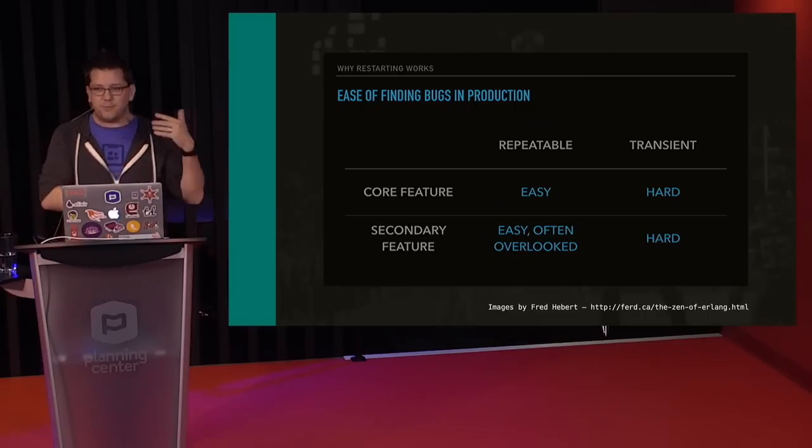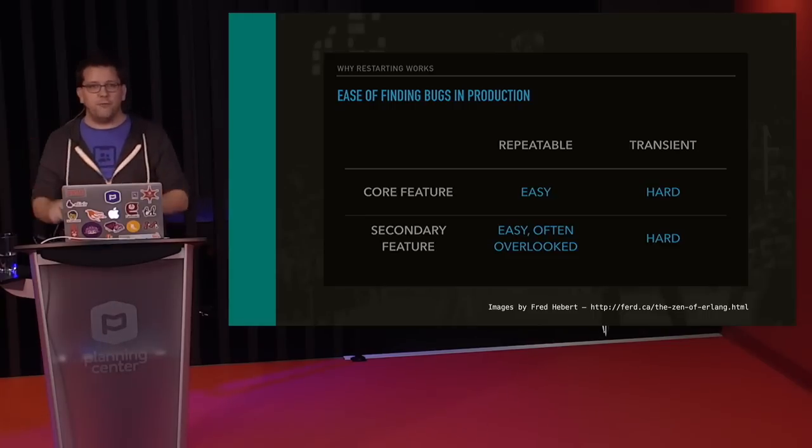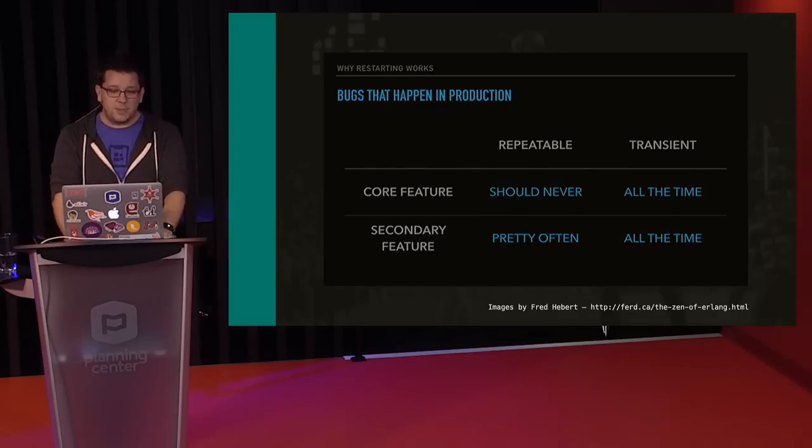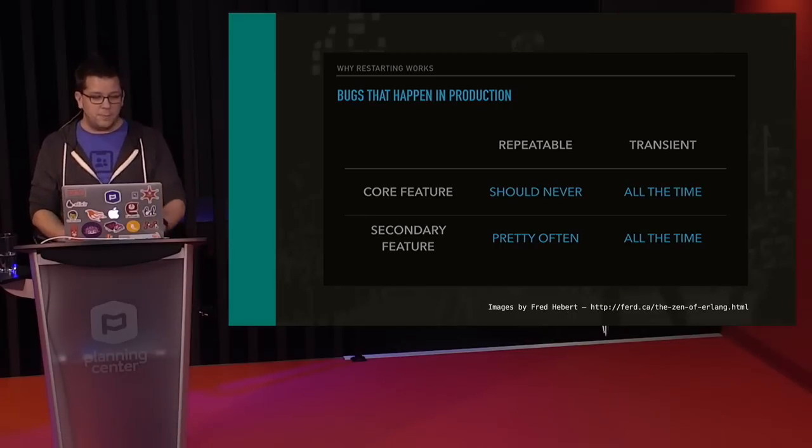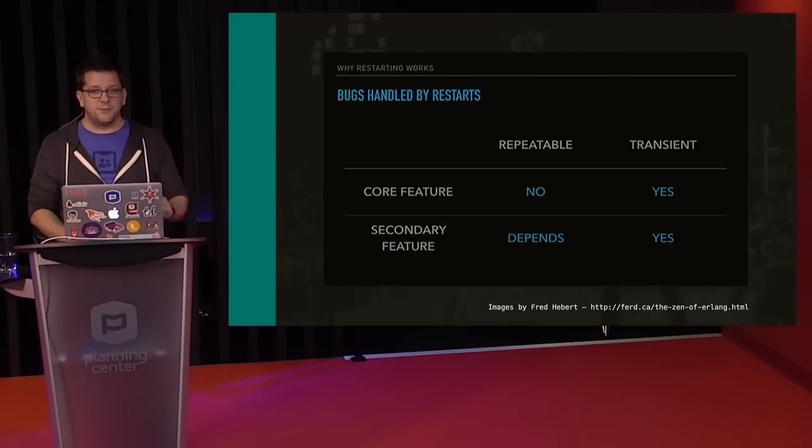Those are the kind of bugs that are really hard to find before you push to production, because you don't have whatever weird combo of stuff that messed up the state. You usually can't reproduce that, and so it goes to production. Those kinds of bugs happen all the time because they're really hard to catch. The really great thing about those bugs is that restarting the process fixes it.